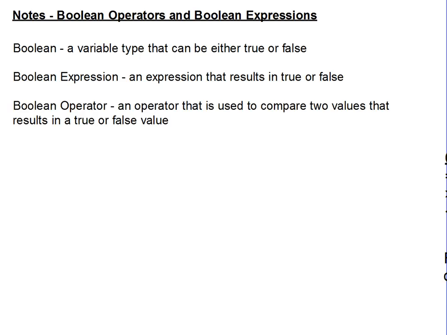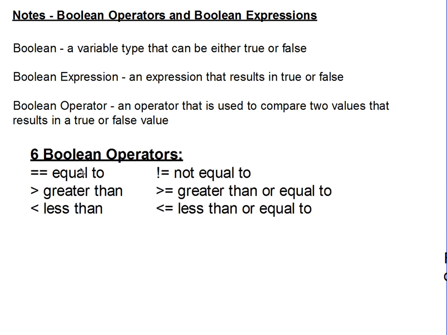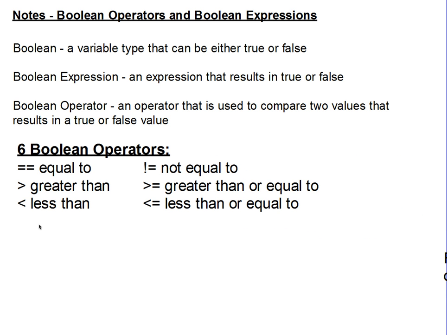We use these Boolean operators primarily with primitive variables, so primarily with our ints, doubles, and chars. There are 6 Boolean operators. We can say that something is equal to something, not equal to something, greater than something, greater than or equal to something, less than something, or less than or equal to something.